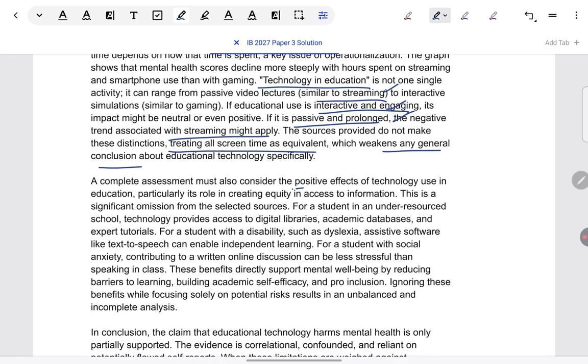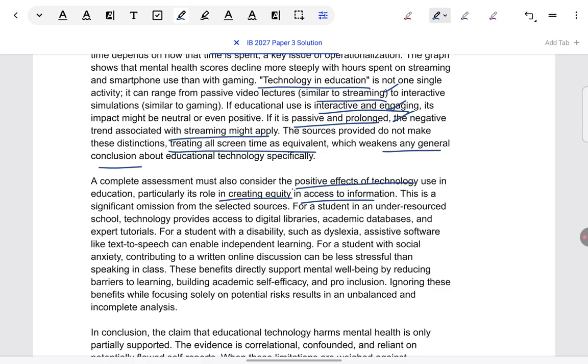Finally, like I told you, I will be taking in positive effects of technology to show how this is reductionist. So, what I have learned in the course content, that many times technology can be beneficial to students. For example, it can create equity in access to information. Those who cannot access information because of lack of resources, today it's freely available online. So, it gives them a fair chance to learn, which can improve their mental health.